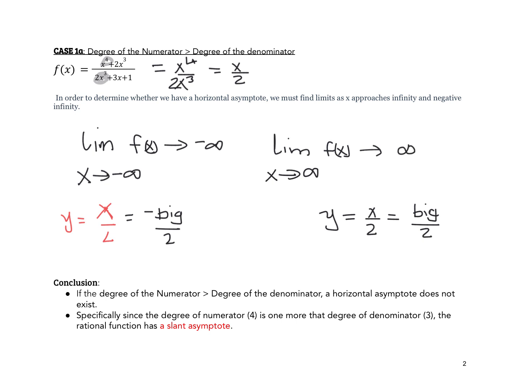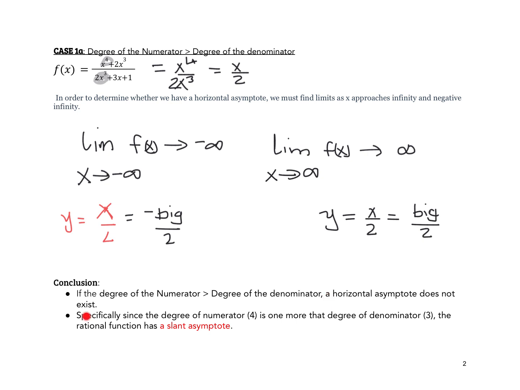So what is the conclusion from this? Because on both sides I'm approaching infinity, and I know that infinity is not a specific number, what this means is that this function does not have a horizontal asymptote.